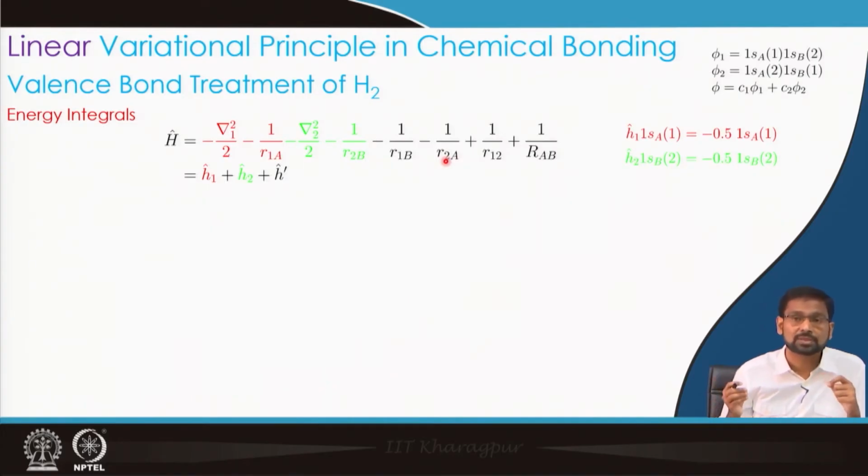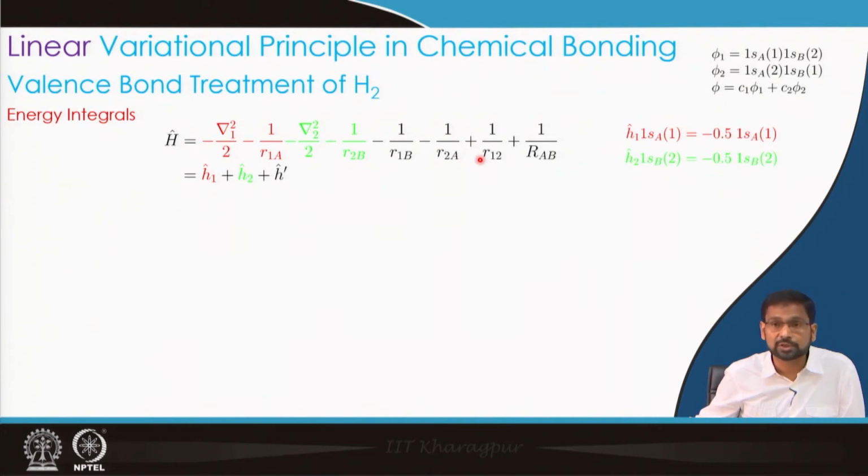That means if two hydrogen atoms do not know the presence of each other, electron 1 that is with atom A doesn't interact with the nucleus B because it is not aware of the presence of nucleus B. So therefore 1 over R1B becomes 0 at infinite separation of nucleus A and B. Similarly, 1 over R2A also becomes 0 when the two nuclei are far away from each other. Again, 1 over R12, if the two atoms are extremely far away from each other, there is no electron-electron repulsion, neither is there any nuclear-nuclear repulsion.